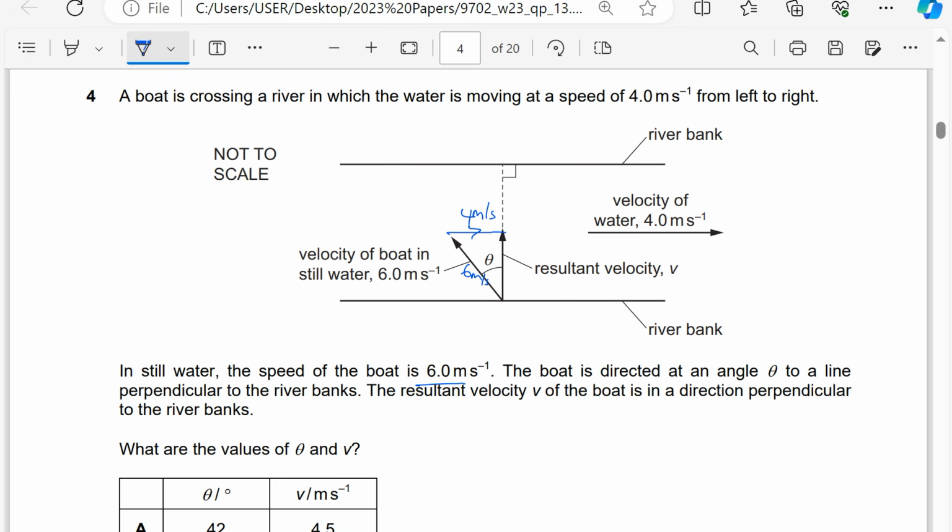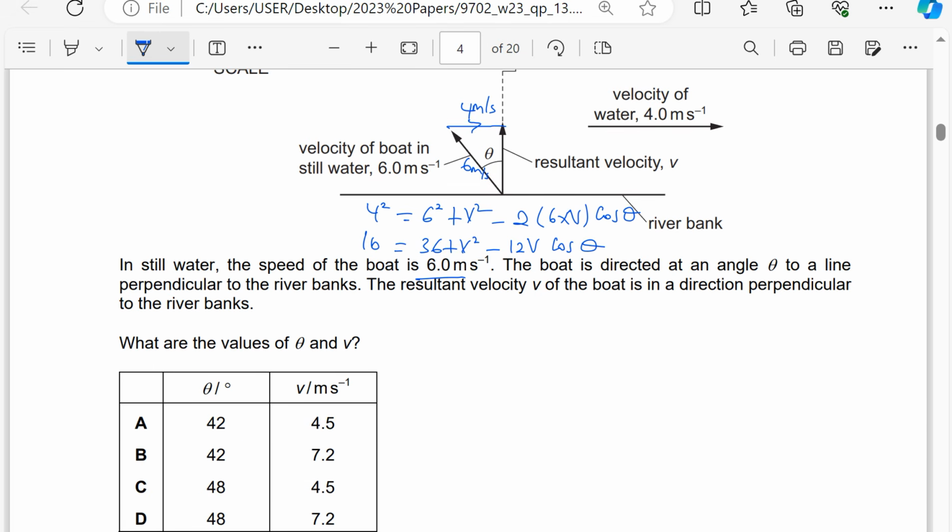So using the cosine rule, 4 squared should be equal to 6 squared plus v squared minus 2 times 6 times v times cos theta. Or precisely, 16 should be equal to 36 plus v squared minus 12 v cos theta.